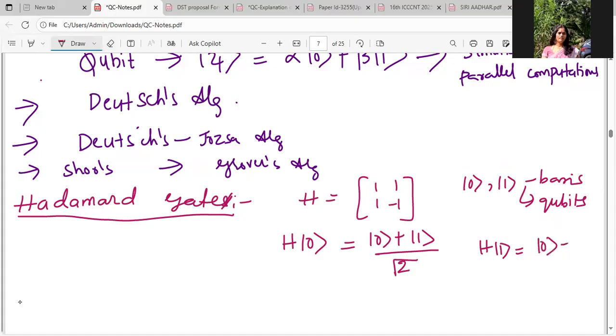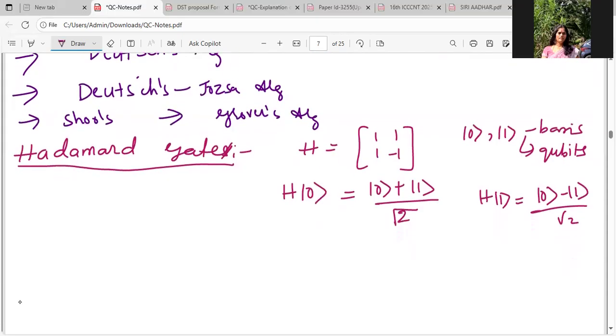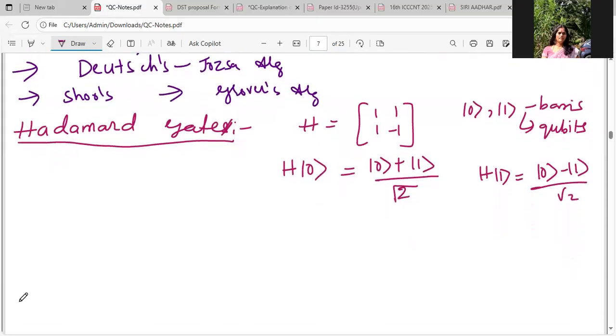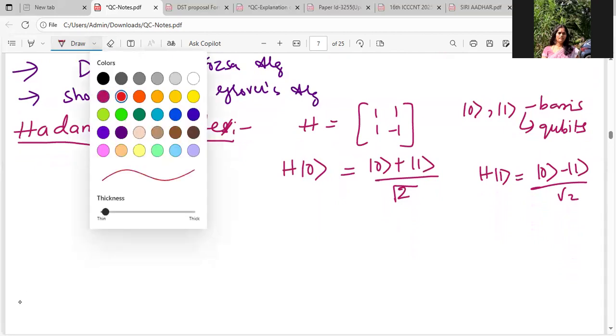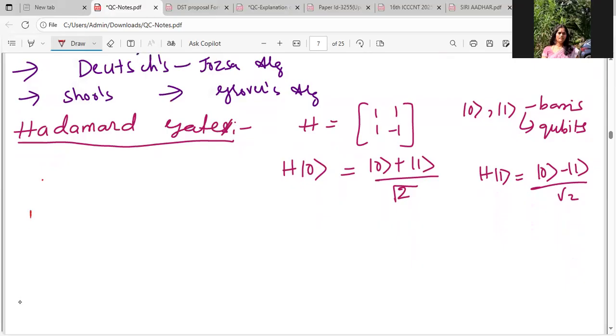Ket 0 minus ket 1 by root 2. Now, what is it about the Hadamard gate that I need to know? Suppose I have applied it on ket 0, and on ket 1. What if it is applied on ket xi? Let us see. If I apply H on ket xi, what happens?